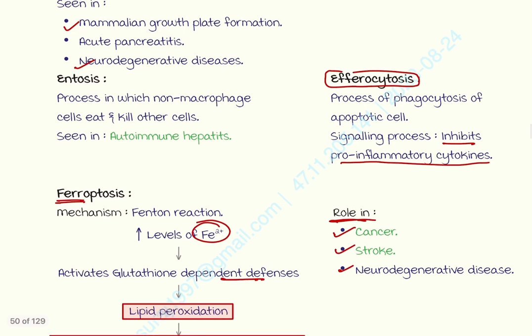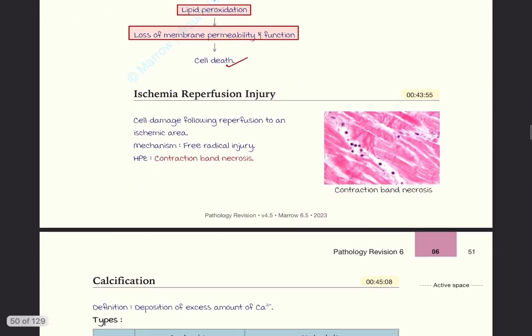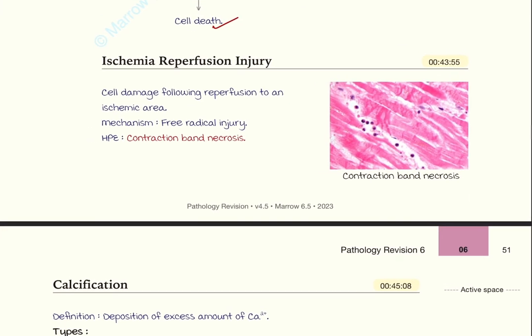Entosis is a process in which non-macrophage cells eat and kill other cells. If it is by macrophage, it is efferocytosis or phagocytosis. But if that is happening by a non-macrophage, that is seen in case of autoimmune hepatitis, that is what is entosis. Okay, so this is what you have to be remembering.